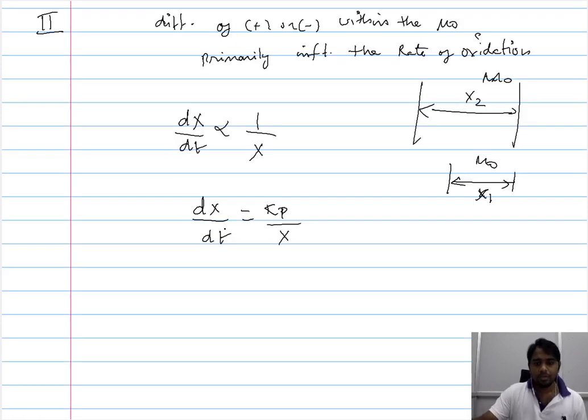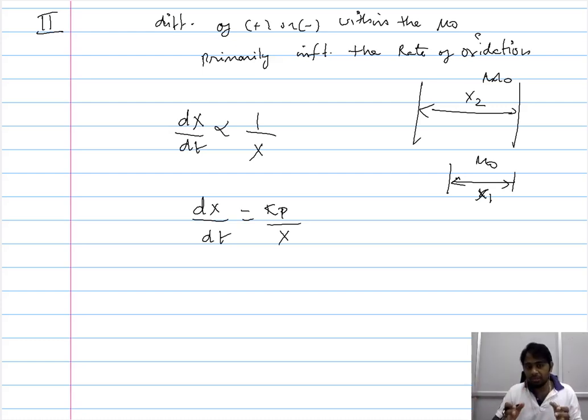And now this is an expression for how the oxidation rate changes with the thickness of the metal oxide. Now, when you have a metal oxide of huge thickness, correspondingly the oxidation rate decreases. So, with increase in the thickness of the metal oxide, the oxidation rate keeps on progressively decreasing.